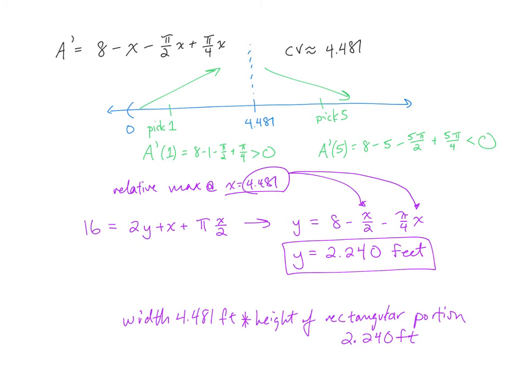And that would guarantee that when we find the area of the rectangular piece and half of this as the radius for the semicircle, we would have the maximum area.